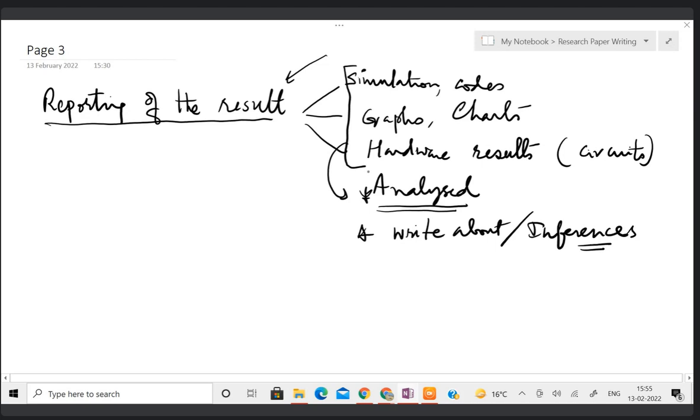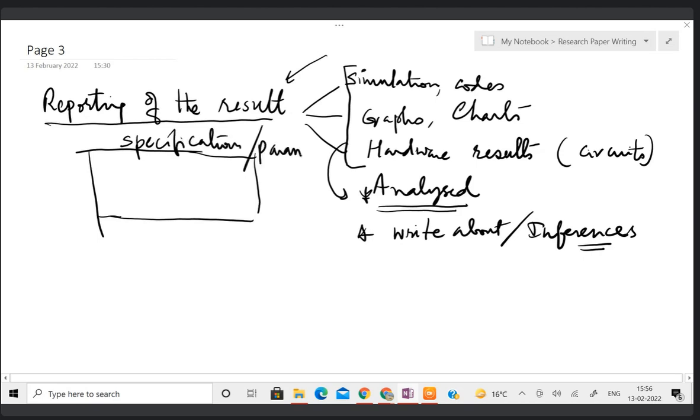And normally you should also mention here the various specifications and parameters that you have taken for obtaining the result. It is better to mention them in some tabulated form.